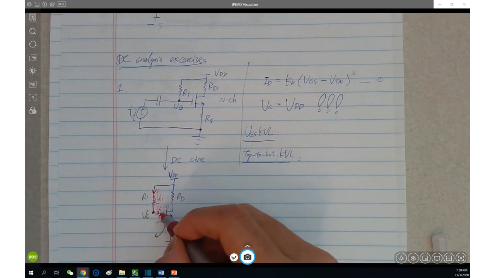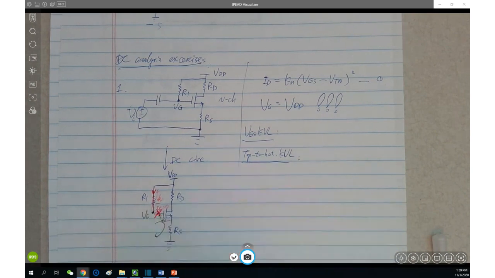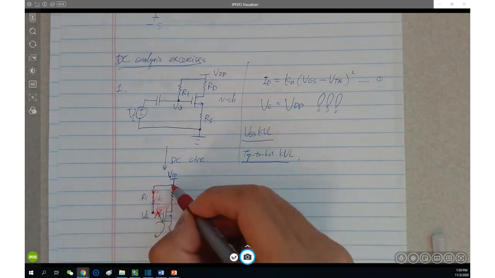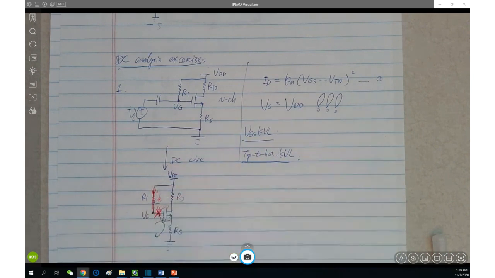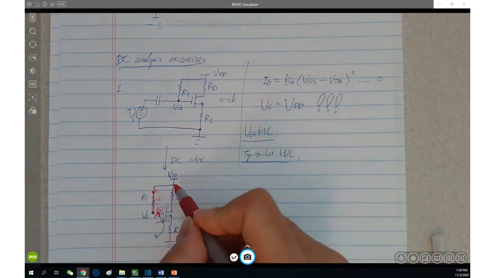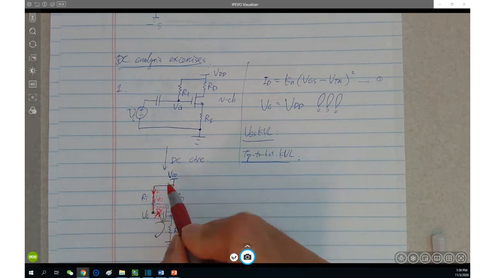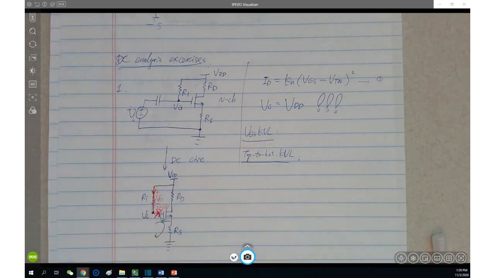This place is open, so again there's no current flow through R1. No current means no voltage across it, so no voltage difference between VDD and VG. So VG equals VDD. Does that make sense?